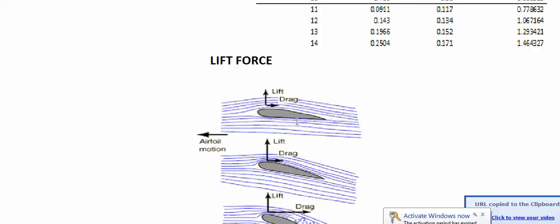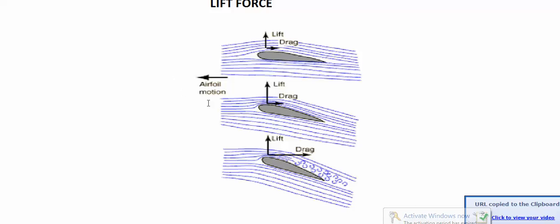But what exactly happens is when we change the angle of the blade, say the second diagram right here. Now when we change the angle of the blade, the particles which are below the blade travel a lesser distance, but the particles which are above the blade have to travel more distance, but the time taken is equal.